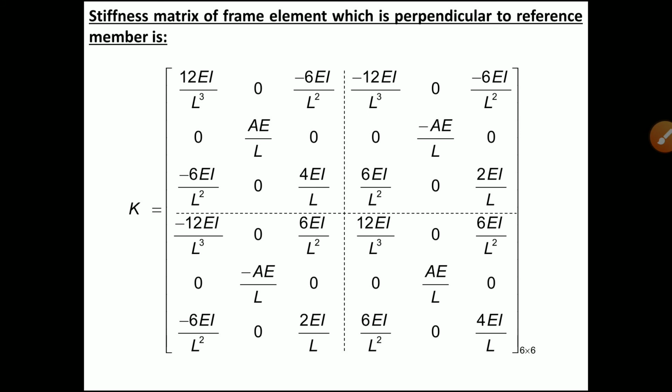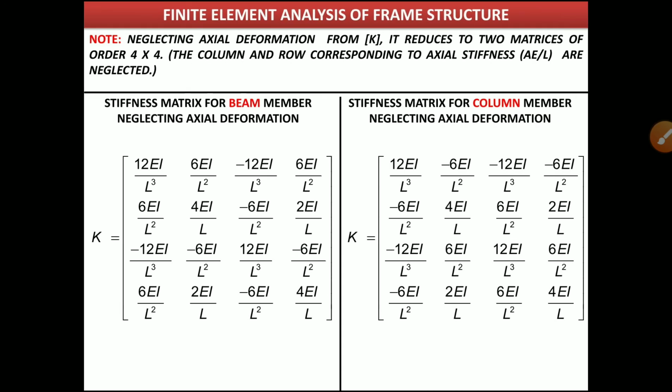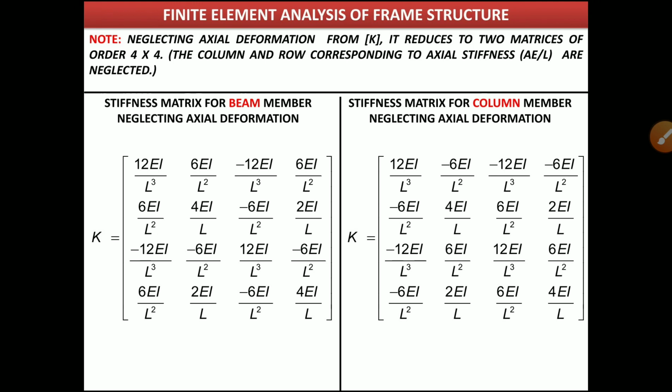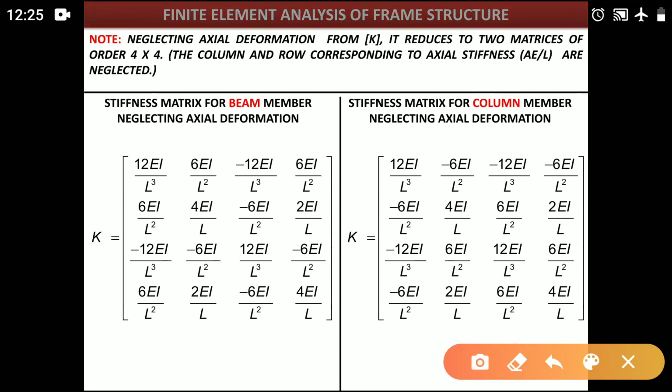So actually while solving the problem, we do not have to remember this 6 by 6 matrix. So the next step, neglecting axial deformation from this K, it reduces to 2 matrices of order 4 by 4. And for that, the column and row corresponding to axial stiffness are neglected.